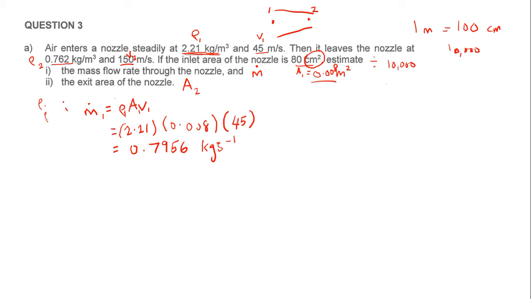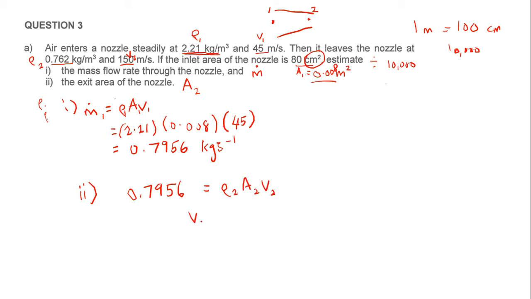Second one, the exit area. They want A2. How can you do that? Rho 2 A2 V2. Use the mass flow rate: 0.7956 equals rho 2 A2 V2.